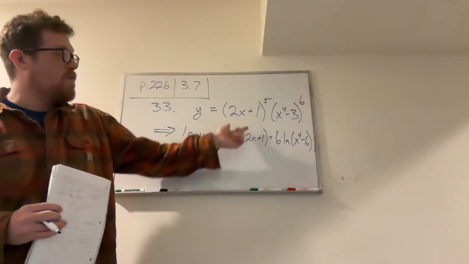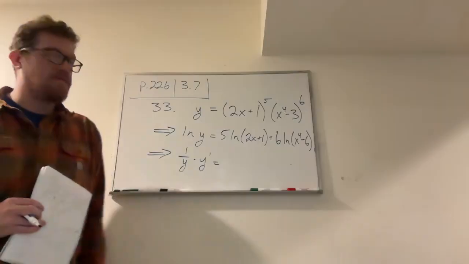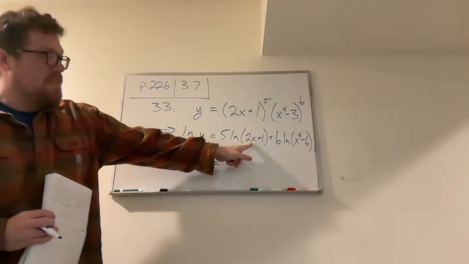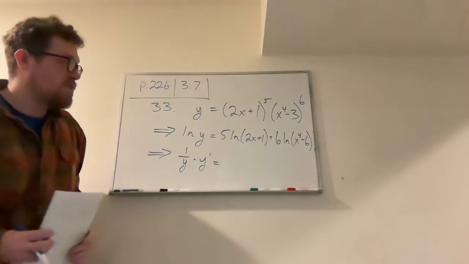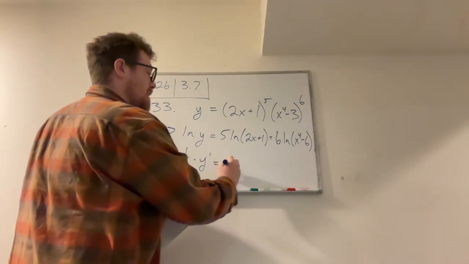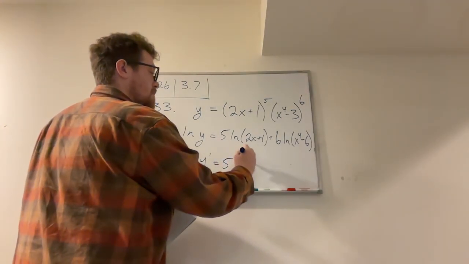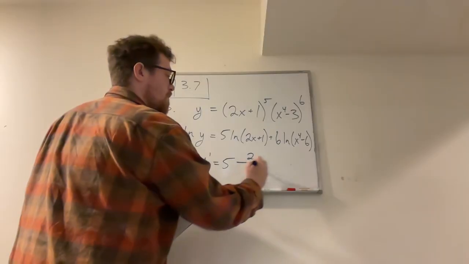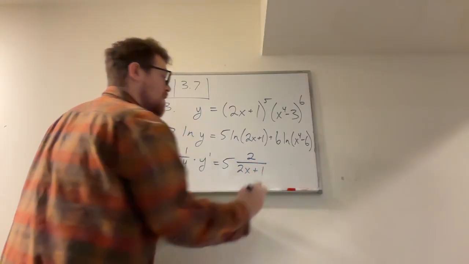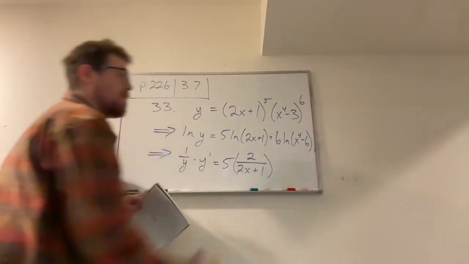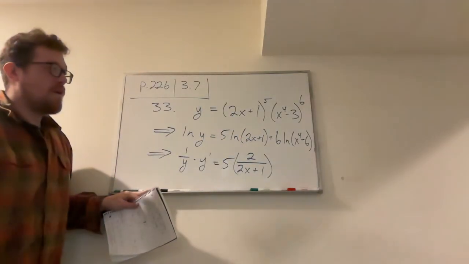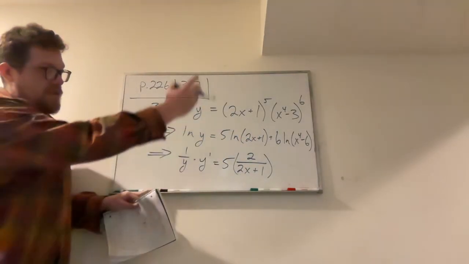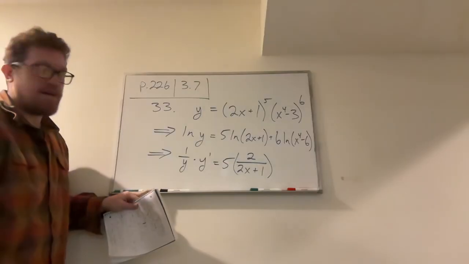So it's 1 over this function times the derivative of the function. The inside function just has derivative 2 because it's 2x plus 1. So this is just 5 times 2 over 2x plus 1.